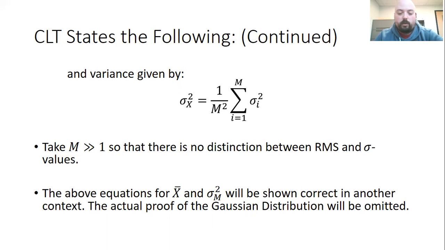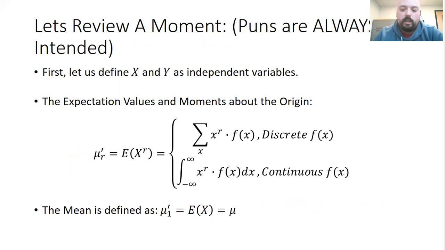The above equation for X bar and sigma squared will be shown correct in another context, but the actual proof of the Gaussian distribution will be omitted here, such that what we should hopefully see is that this follows a Gaussian distribution, and the mean is centered upon the mean of the Gaussian itself.